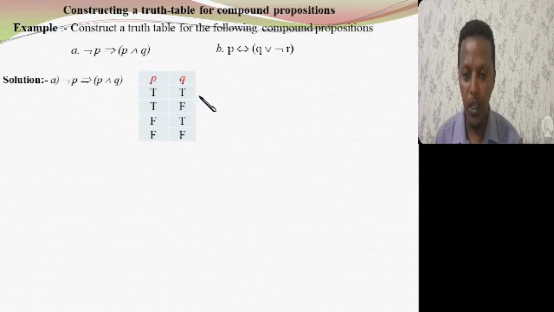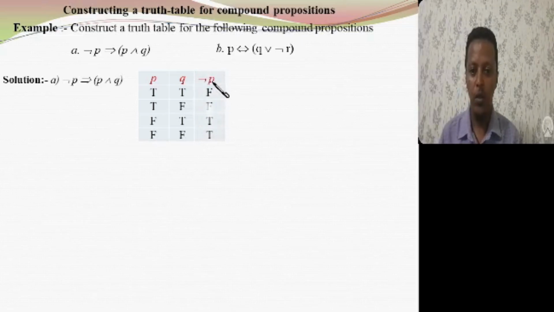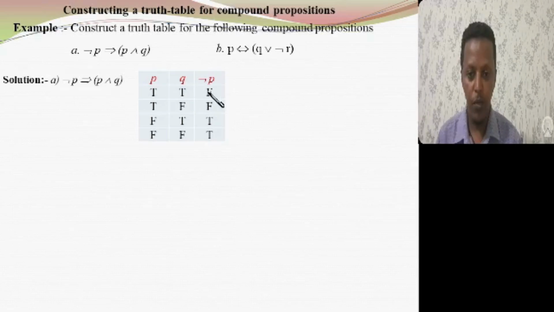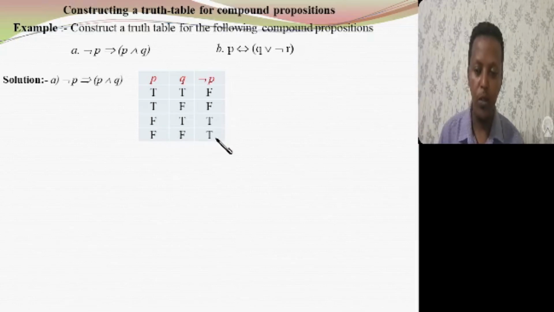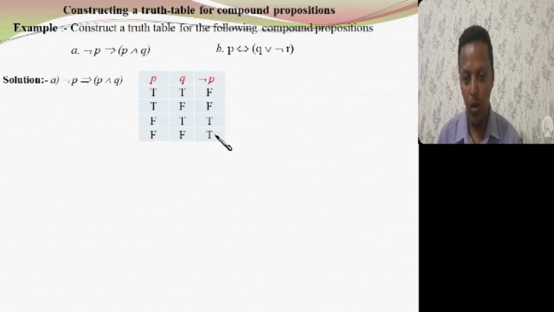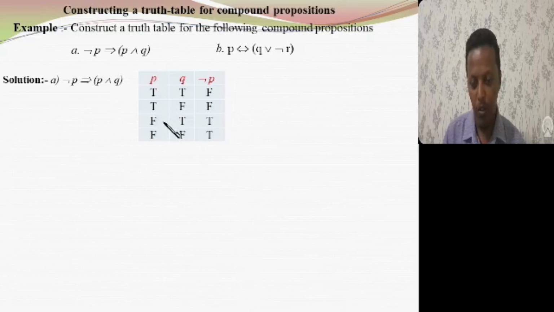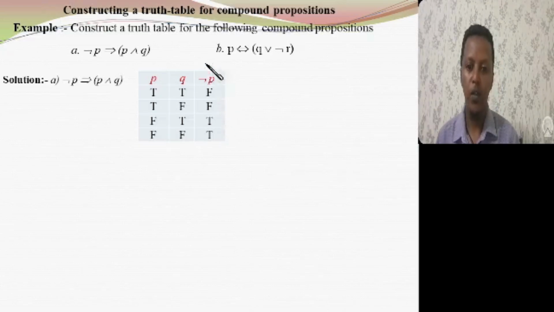So let's start with negation P. Negation P means not P. So if P is true, negation P is false. When P is false, the negation is true. Negation of false is true. So the third column, the negation of P, is the opposite of the first column.